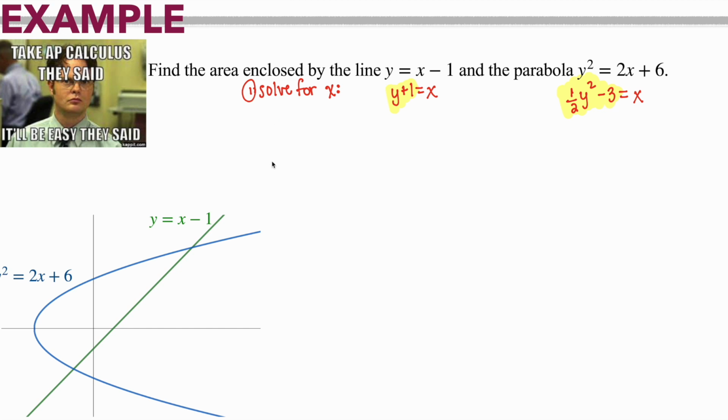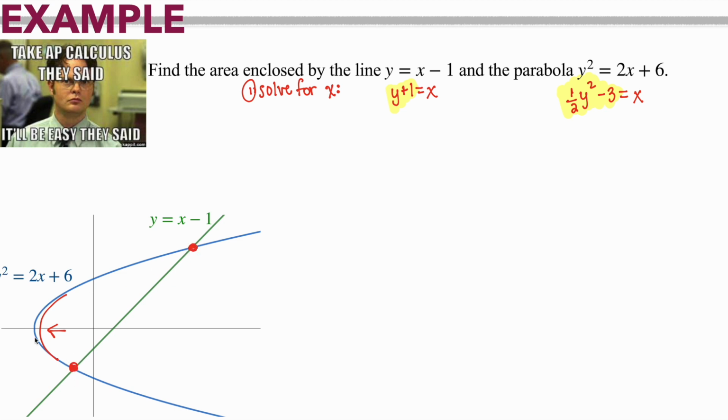But most integrals are basically with respect to x, not with respect to y. Most of these, what we normally do as integrals, is the parameter is going from like this x to this x. But the problem is that this graph actually goes farther to the left than where they intersect.